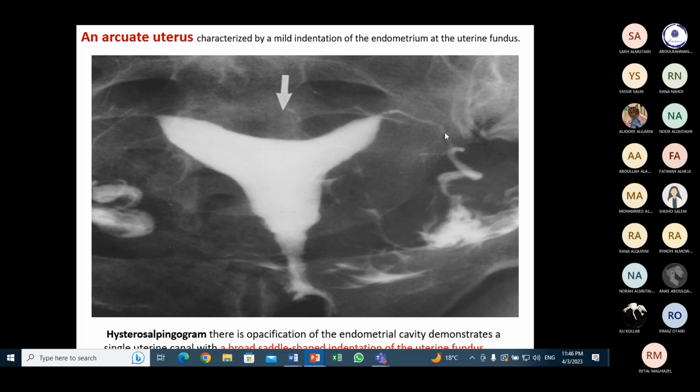What is this? Uterine tube. Is this uterine tube normal or not? It is obstructed. Why obstructed?